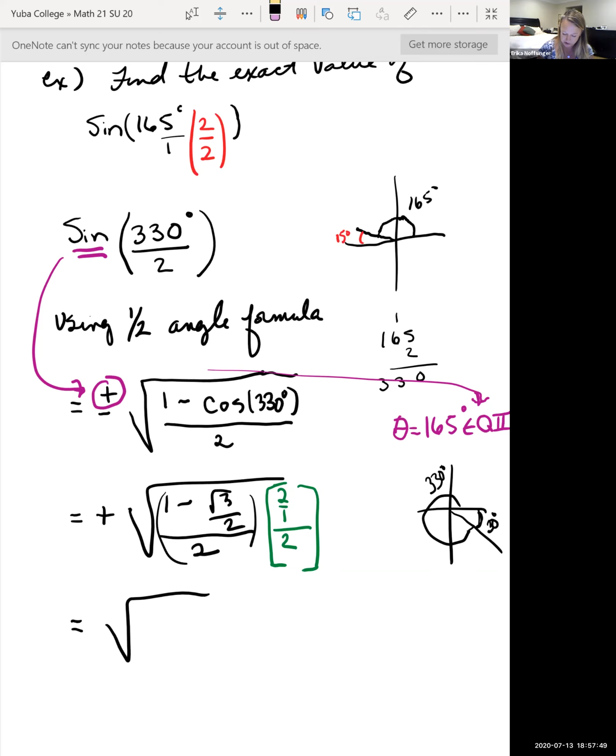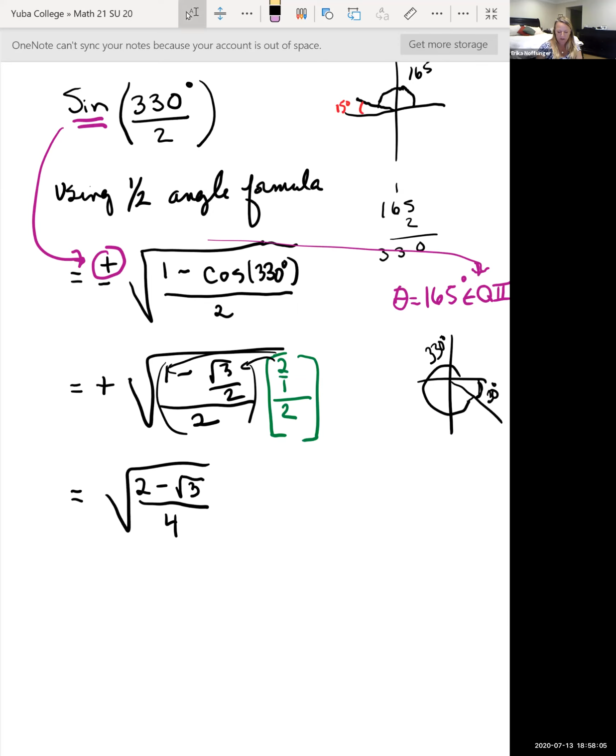So 2 times 1 is 2, minus 2 times root 3 over 2, those 2's cancel, leaving root 3, all over 2 times 2 is 4. Square root of the numerator, 2 minus root 3, all over the square root of 4, which is just 2.